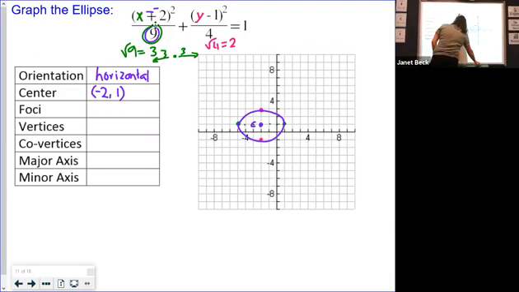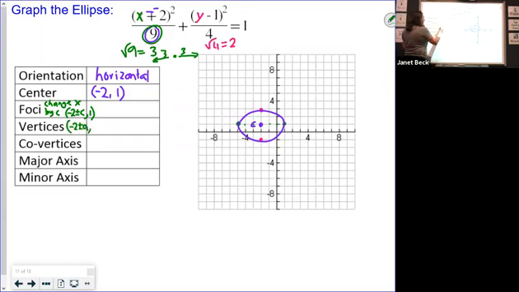Because this was horizontal, to get to the foci, I'm going to change the x by c. So I'm going to have -2 plus or minus whatever that value of c is, followed by 1. I don't know where they are yet, I haven't worked out c. And to get to my vertices, I'm also going to change the x by a.